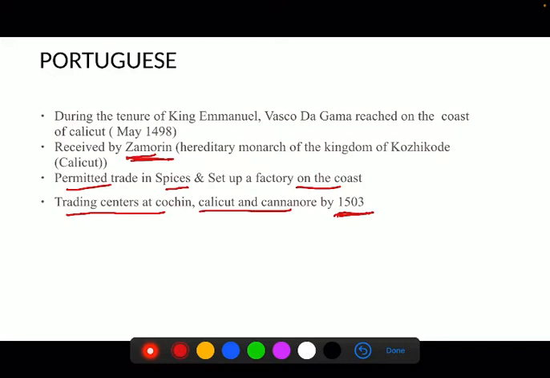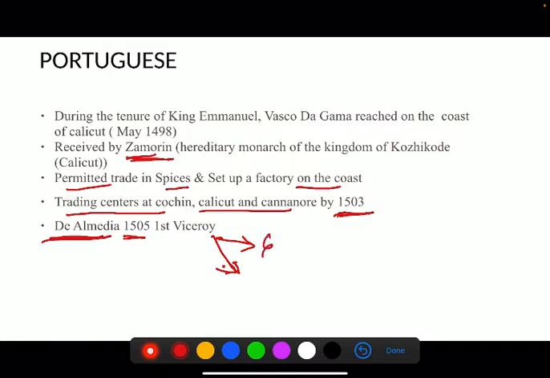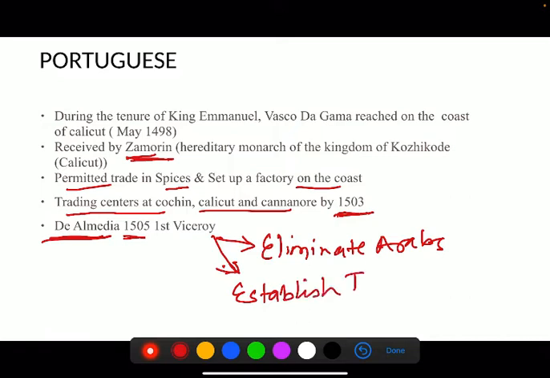Now they were just expanding their trade, and for that purpose they sent their first viceroy in 1505, known as D. Almeida. He was assigned two tasks. The first task: as I told you, the earlier trade route was captured by the Arabs, so he wanted to eliminate the Arabs first, and second, to establish trade in India.